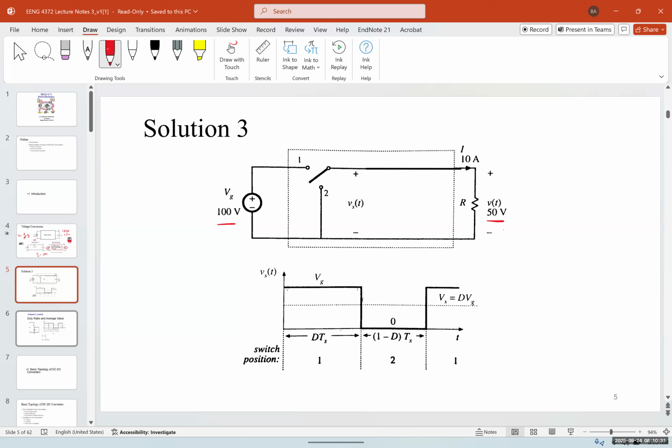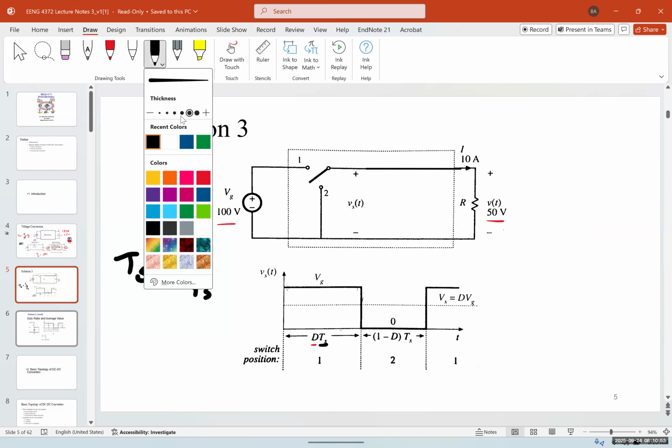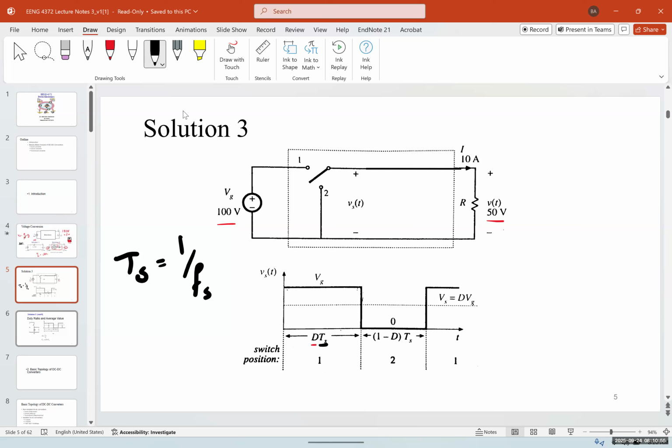We learned about the graphs of the switching. We have the duty cycle, which we call D, and we have the period, TS. TS is equal to 1 over Fs, as you may remember. And the equation for this was Vs is equal to D Vg.